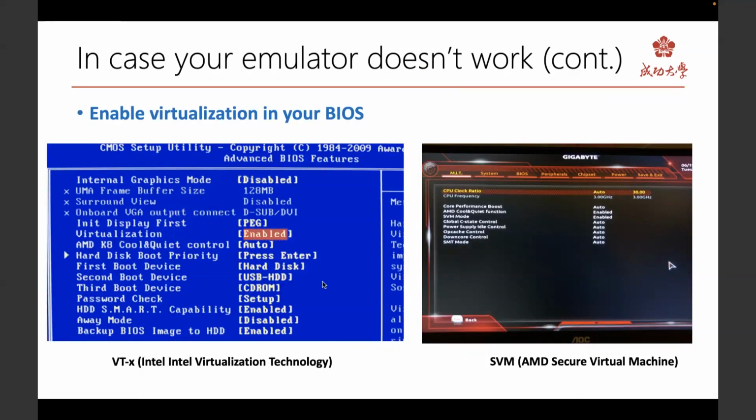Once inside your BIOS, be sure to turn on virtualization if you have an Intel CPU. If you have an AMD-based system, make sure you have the SVM mode option turned on or enabled. Otherwise, the emulator won't be able to run on your computer.